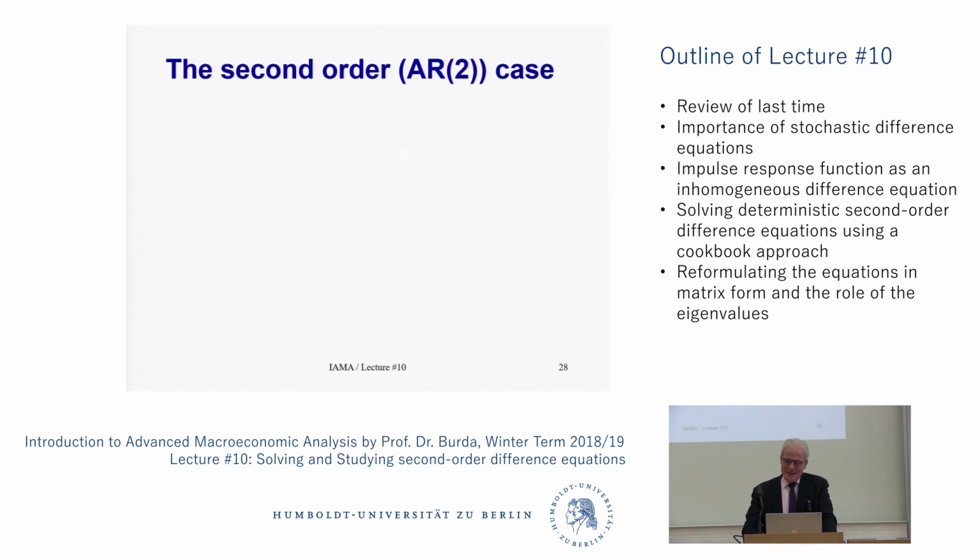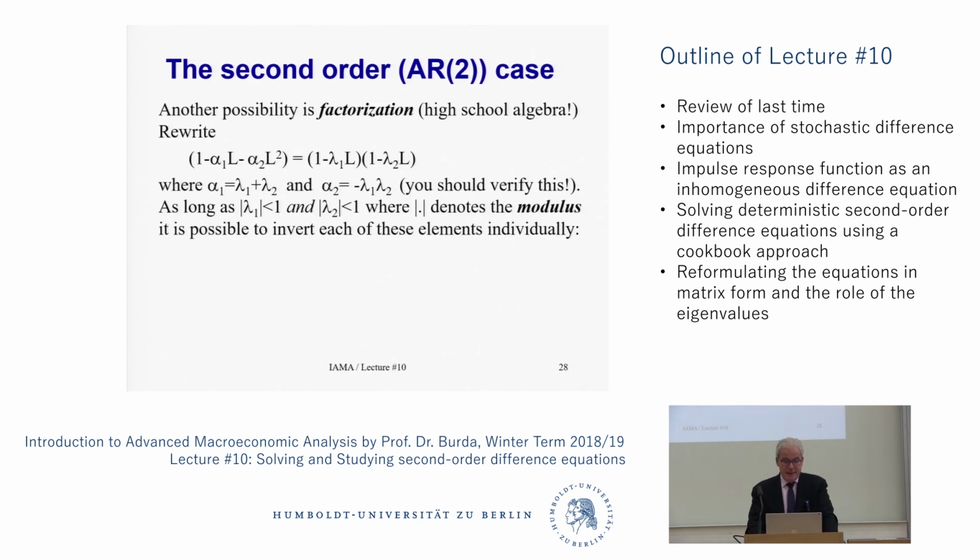Okay, so the second possibility, which I strongly recommend that you think about, is called factorization. Because of the algebraic notion of this lag operator, we can massage it in a special way. We can take this polynomial and factorize it. A second order polynomial in the lag operator is easy to factorize. Third order, you might have some problems, okay? Sometimes we have to use a computer to help us go further. But to get the intuition down, we're going to stick to the second order case.